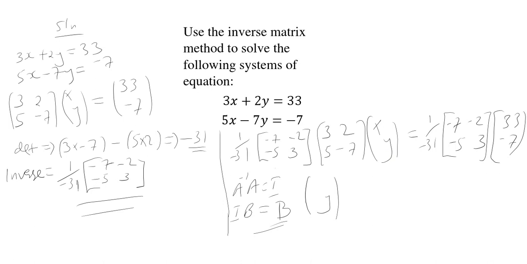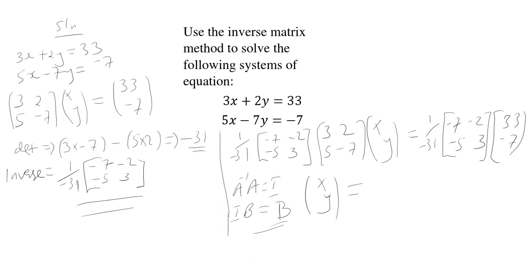So in this case, we shall get xy on the left hand side, and this now will be equal to our right hand side, which we'll have to multiply to get the value. So let's multiply this matrix and this matrix, then finally we multiply with our 1 over negative 31.